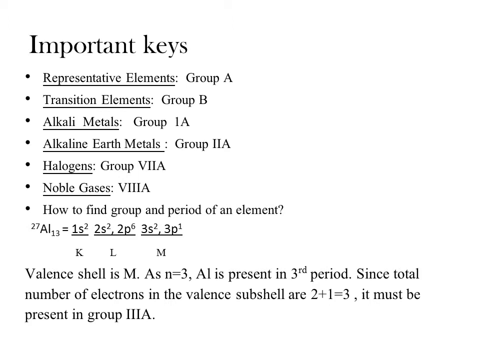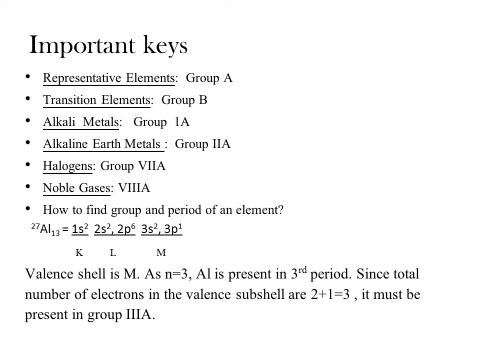Now we are talking about the groups and families of the periodic table. Elements that have similar properties lie in the same column or group, and they also have the same electronic configuration.